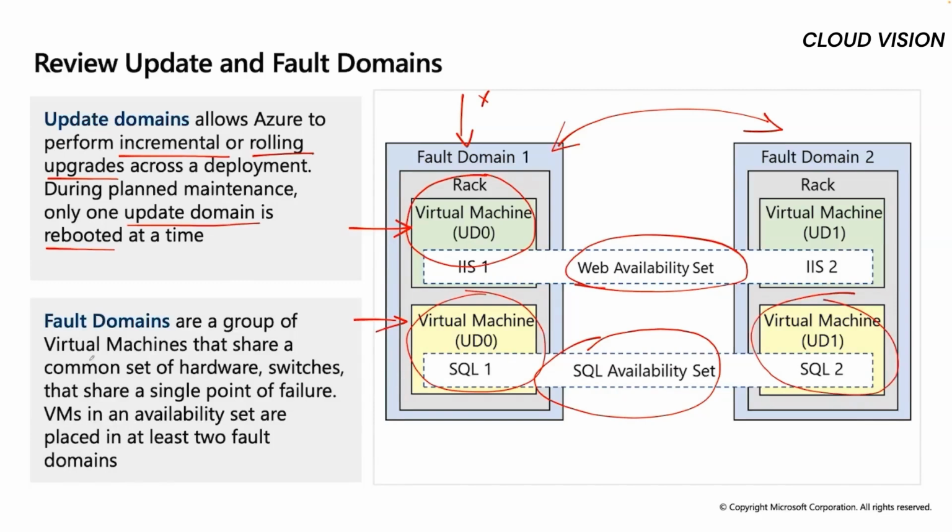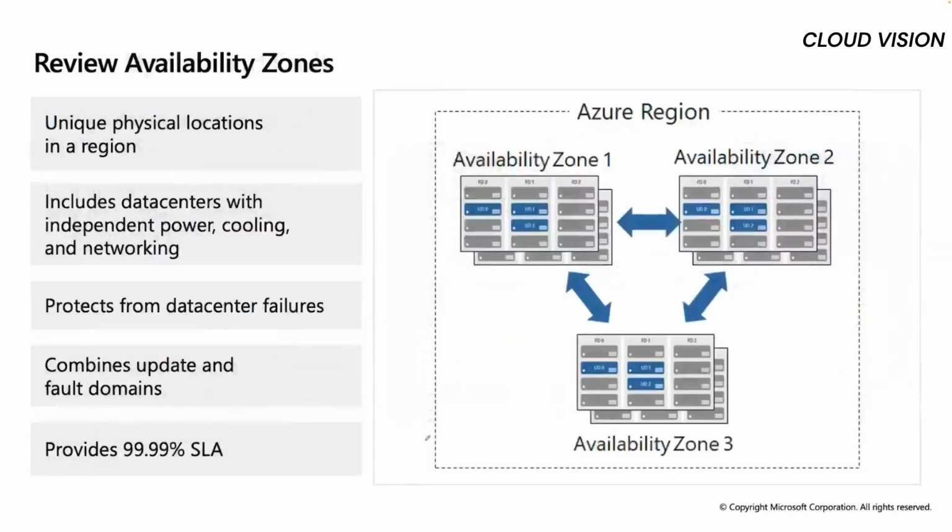For fault domain, it's virtual machines that share a common set of hardware switches and that share a single point of failure. VMs in an availability set are placed in at least two fault domains, minimum two you need, and then it switches over as per the fault is detected.